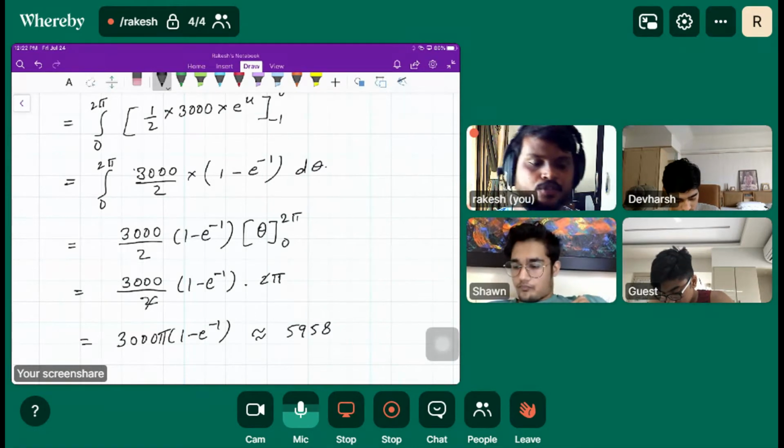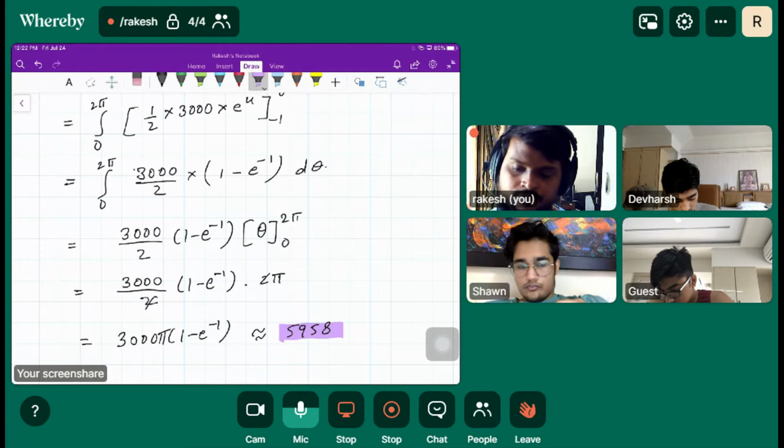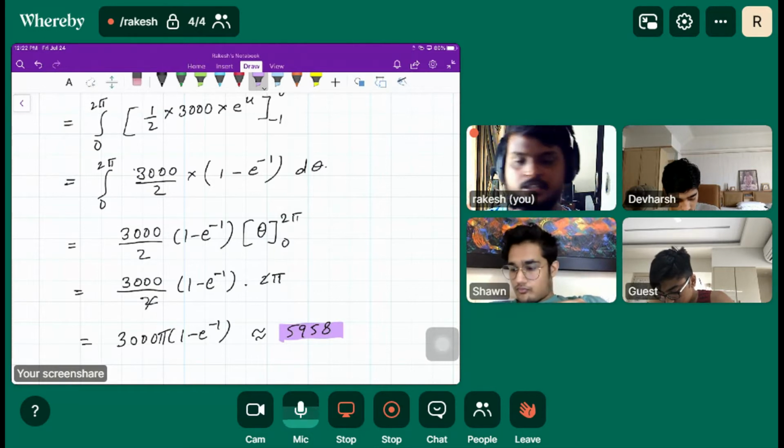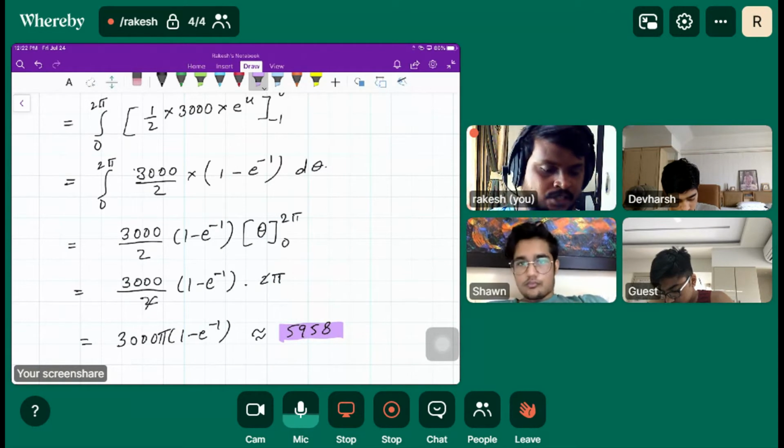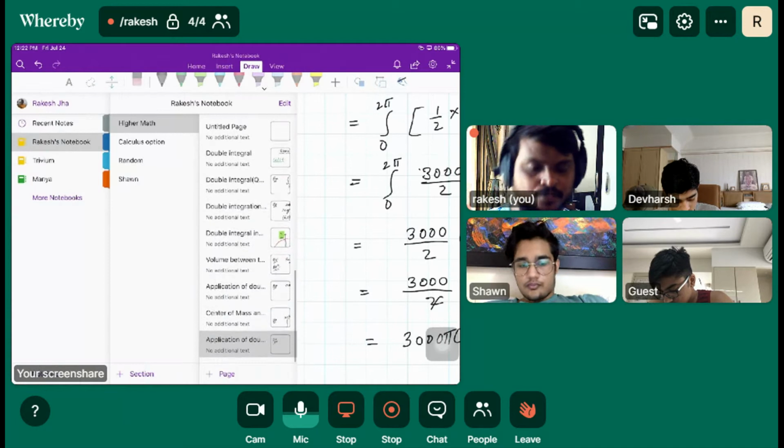So this gives us the total population of the city within 1 mile of the center. Now let's move to the concept of triple integral. Before that, I would like to summarize the things we have learned so far.